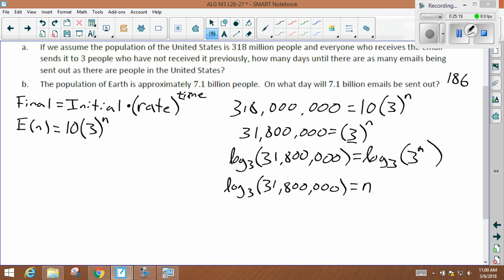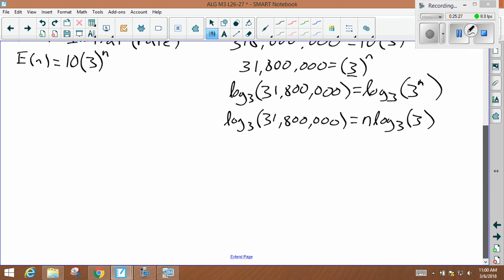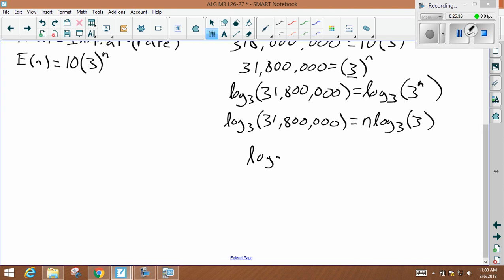N, sorry, this is an N. What is log base 3 of 3? 1. So then I already know what N is, right? I'm going to go ahead and just write the step. I don't mind writing a little extra, it's okay.